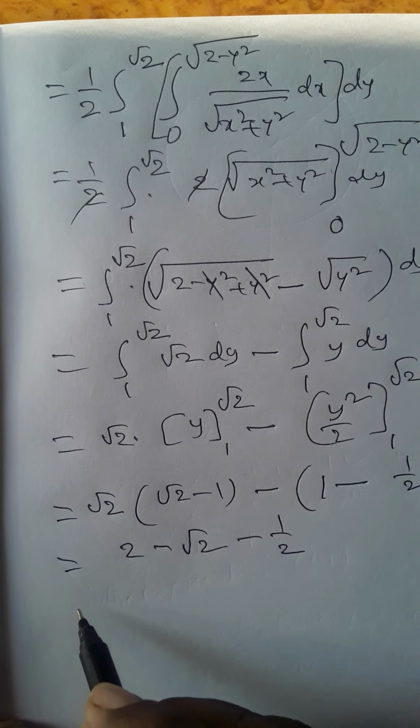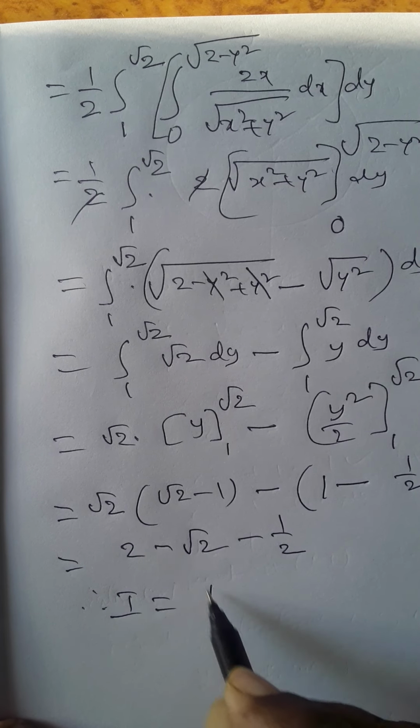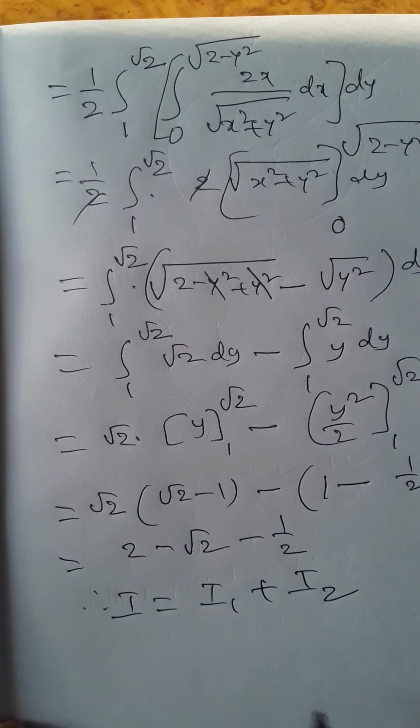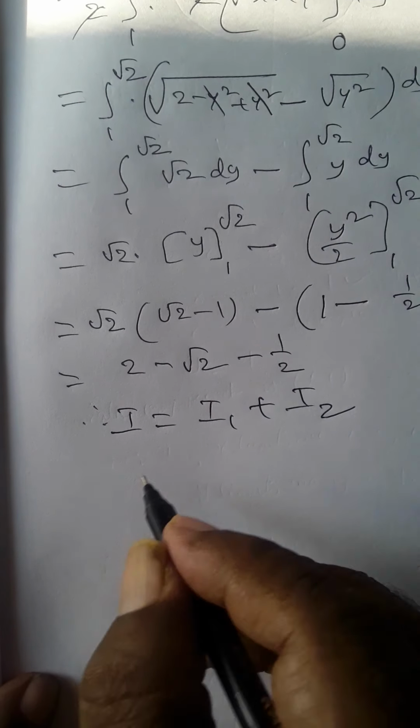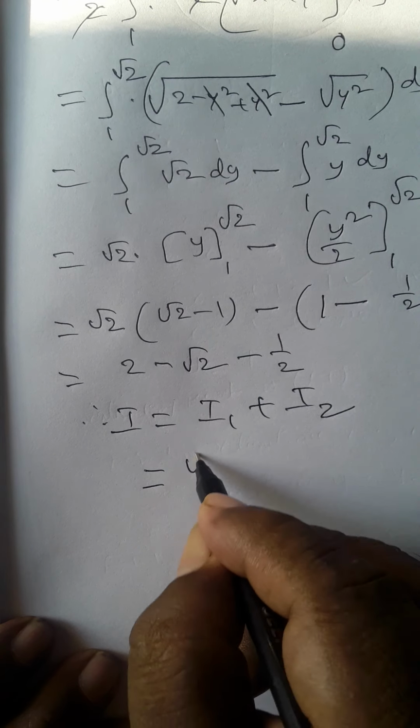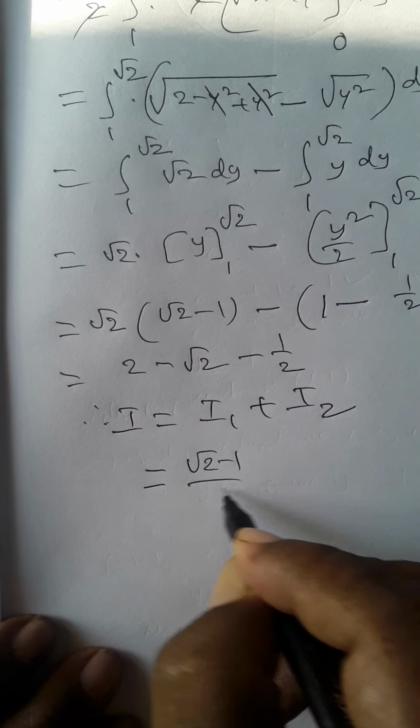This is I2. Therefore, I is equal to I1 plus I2. What is your I1 value? Root 2 minus 1 by 2 plus 2 minus root 2 minus 1 by 2. Taking LCM 2: root 2 minus 1 plus 4 minus 2 root 2 minus 1.